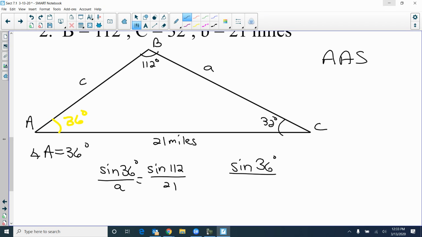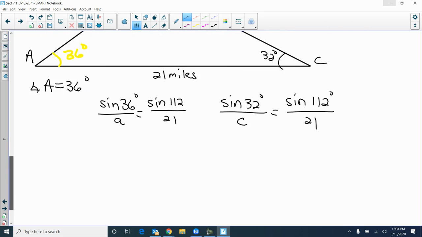Sine of 36 over, nope, I need to find C, so use the angle C. Sine of 32 degrees over C equals sine of 112 over 21. All right, figure out what you get for both of those.